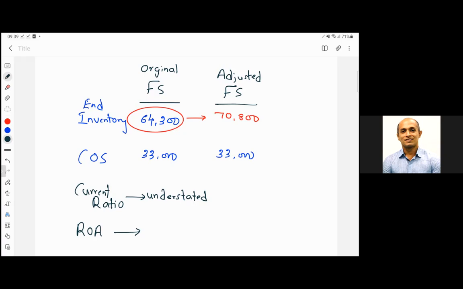Then total asset value is understated. Then how does it impact the return on assets? Inventory value is lower, then total asset value is understated. Then return on assets is overstated.